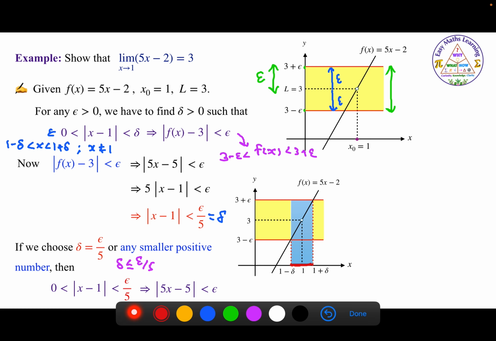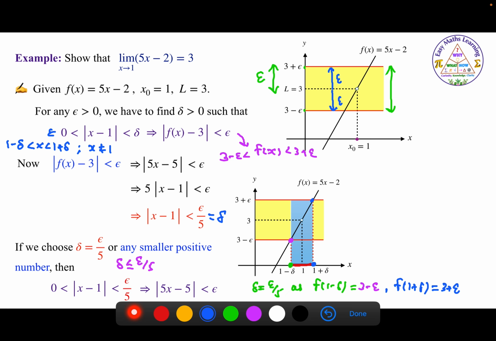In this graph, delta is epsilon by 5, as you see the function value at 1 minus delta is 3 minus epsilon and f of 1 plus delta is 3 plus epsilon. From this you can find the value of delta, which is epsilon by 5.